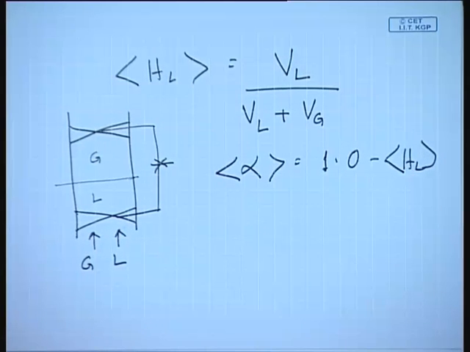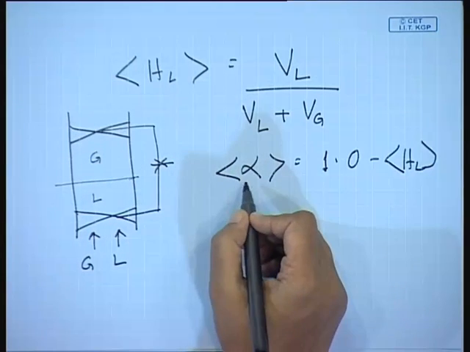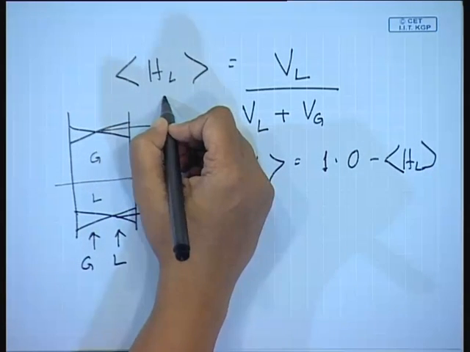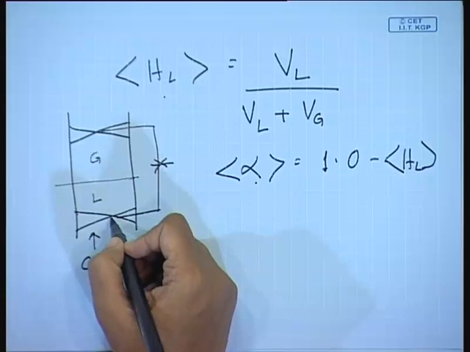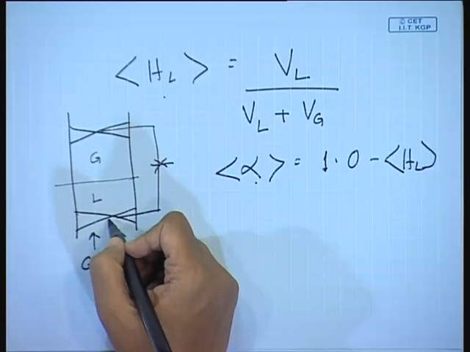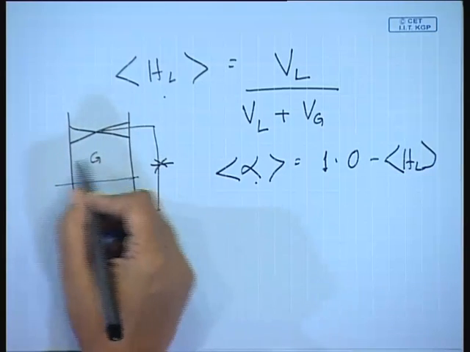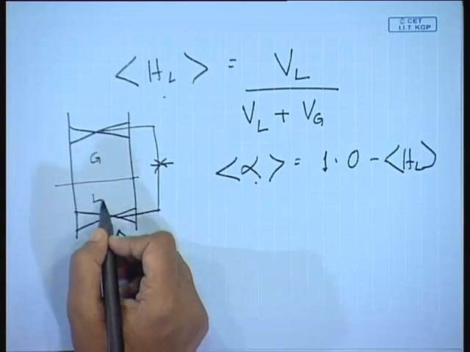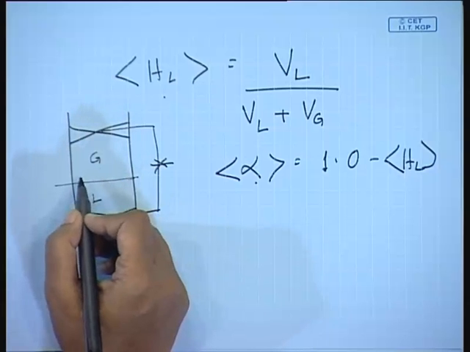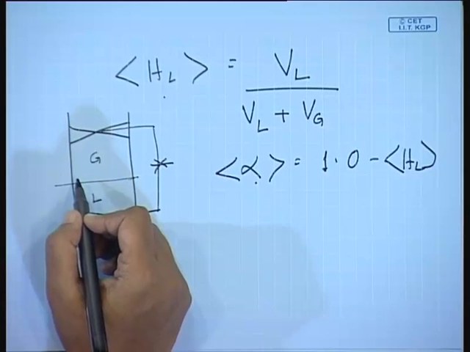Now, remember one thing, when the flow is not uniform, it is not possible for us to measure either alpha or HL over a large length of the pipe, as I have shown in this particular case. Under those circumstances, as you already know, we take a large number of infinitesimal measurements over say length dl, and then we can perform a time average at a given location.